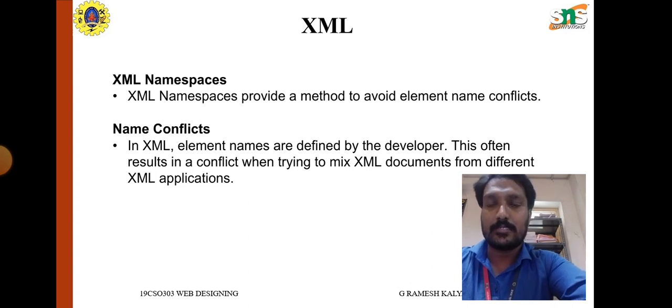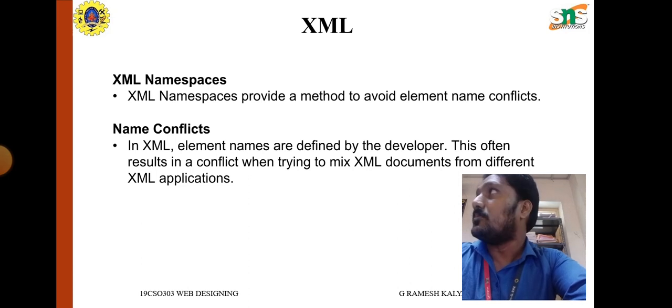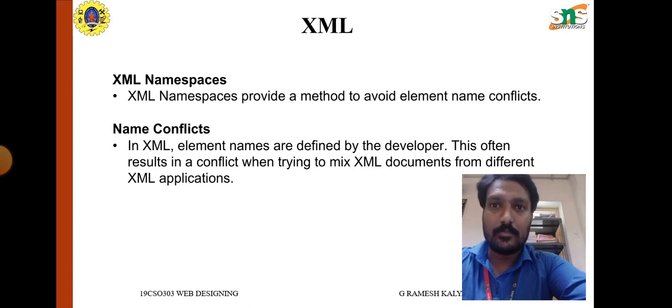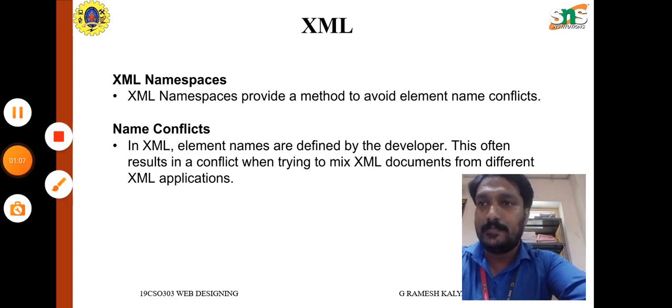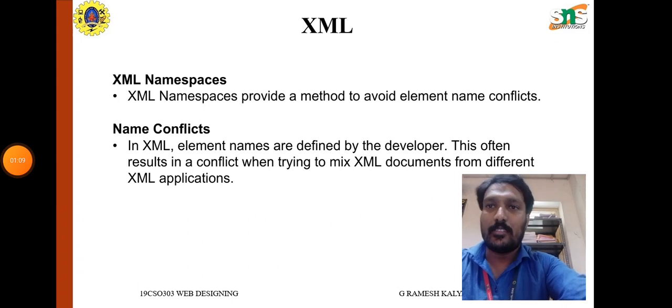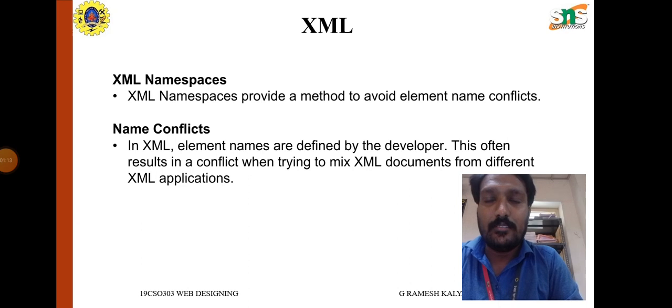A name conflict is when two common things have the same name, for example, two tables with the same name.